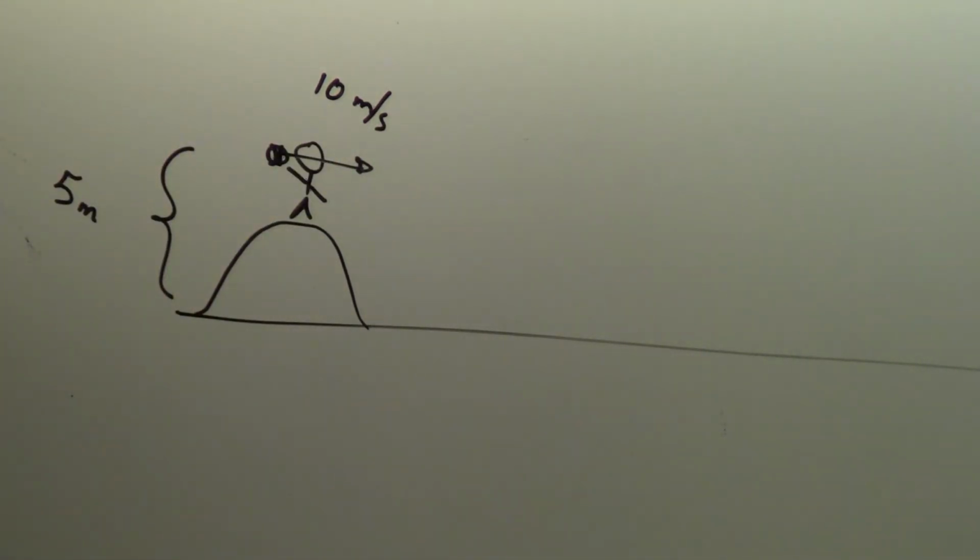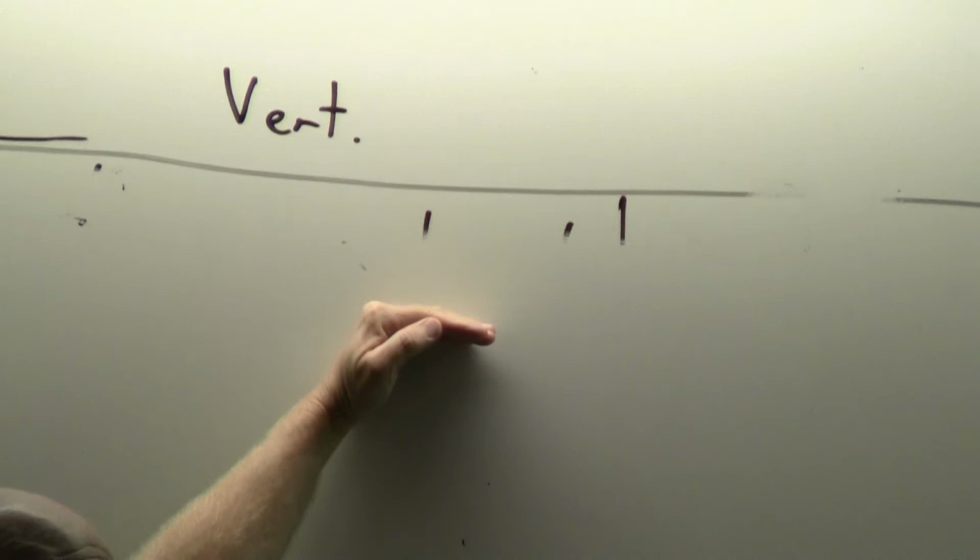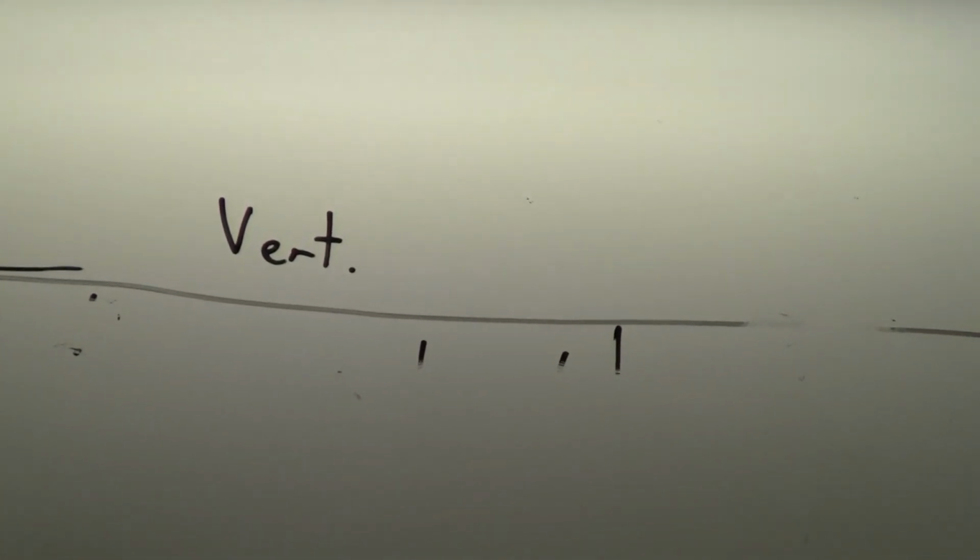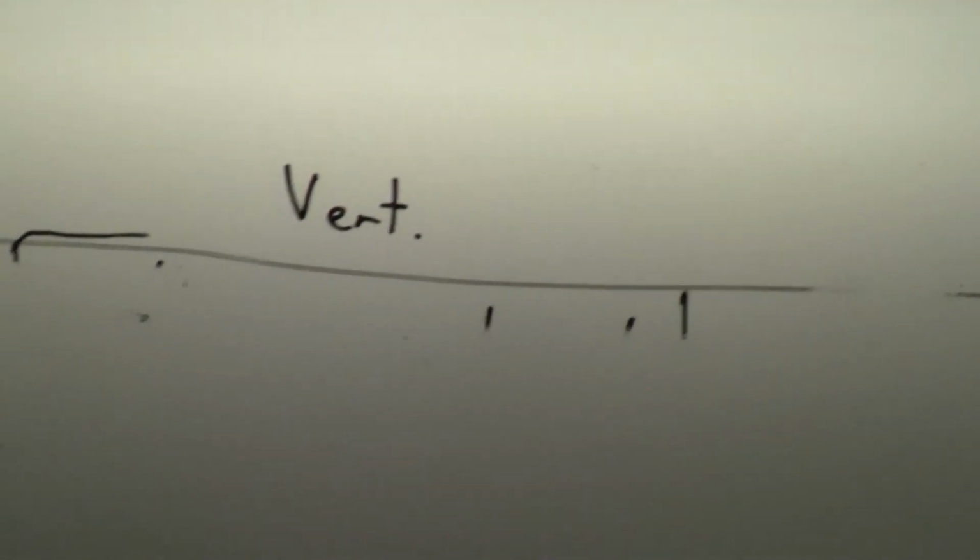How much time is the object in the air? Now I've erased it, but I hope you saw in the last two calculations we did, didn't an object fall 5 meters in 1 second? That's the reason I picked the 5 meters.